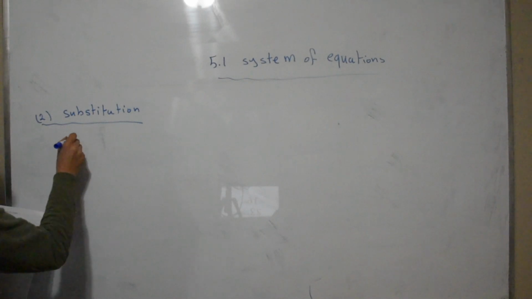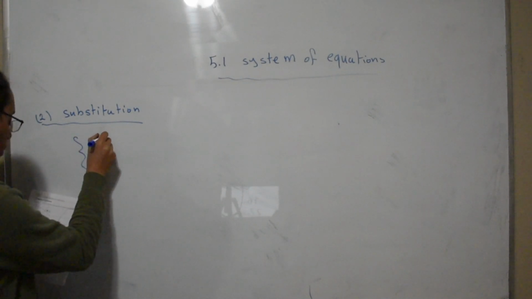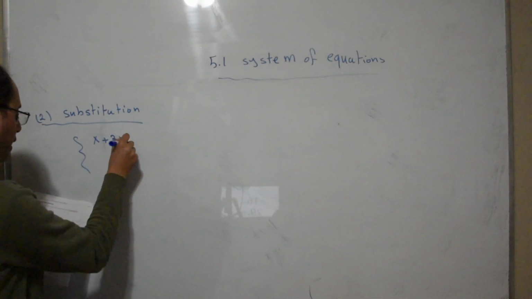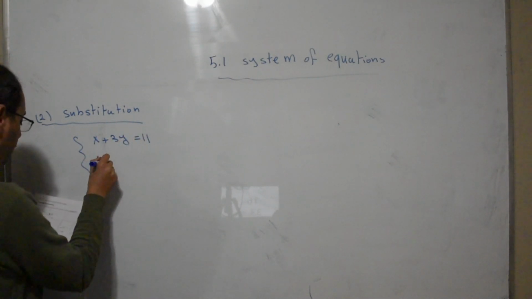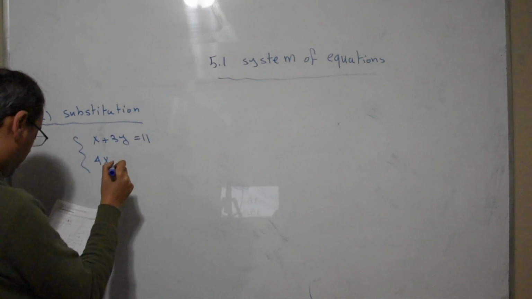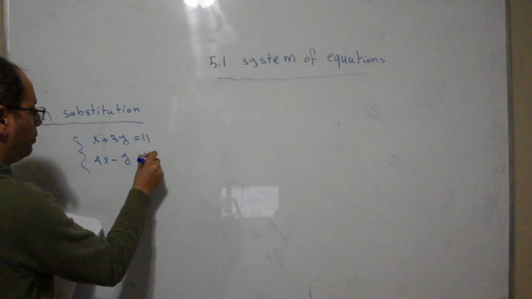So let's get the system here: x plus 3y equals 11, and 4x minus y equals 18.